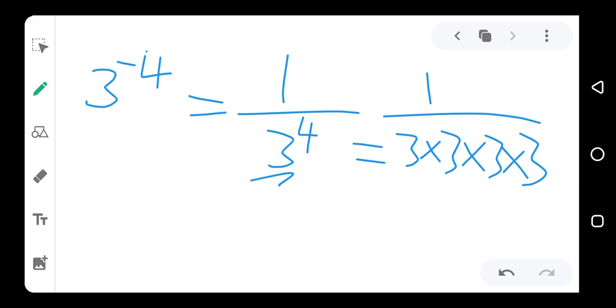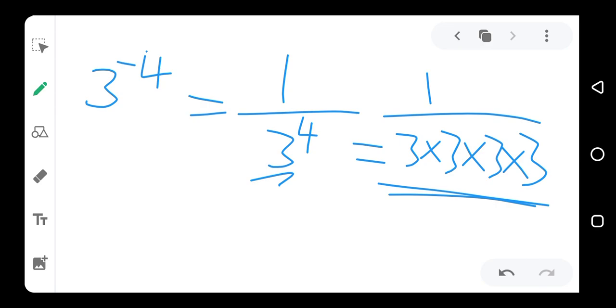That is 3 coming into 4 times. So this becomes the answer. So 3 raised to power minus 4 is equal to 1 over 3 times 3 times 3 times 3 in the expanded form.